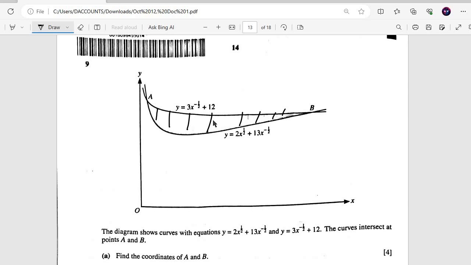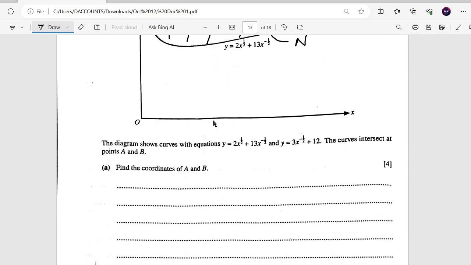This line, let me call it M, and this line N. Remember that M is above N. That's the first thing I will call your attention to. And they are all above, at positive x values. Okay, I'll come back to that.